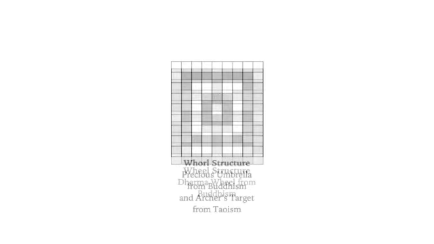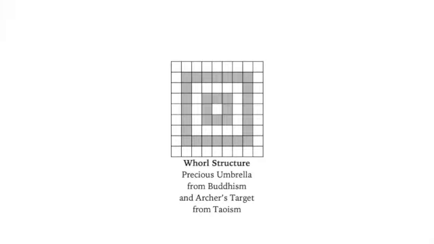The whorl structure might be thought of as an archer's target, an umbrella, or a bird's eye view on a pyramid. Each concentric ring retains its ring rank across orientations.